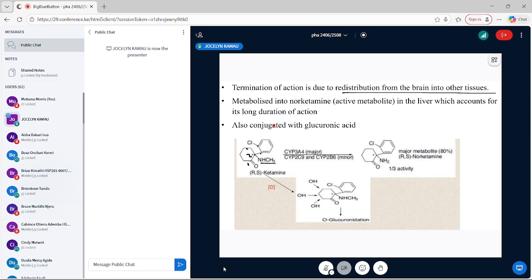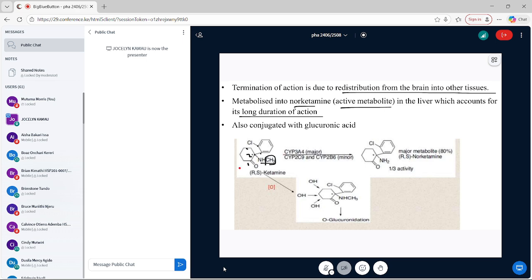Metabolism: it is metabolized in the liver into norketamine, which is also an active metabolite and accounts for its long duration of action. Whenever you see an amino group attached to an alkyl group, you know there can be oxidative N-dealkylation catalyzed by cytochrome P450 enzymes, to give us norketamine.